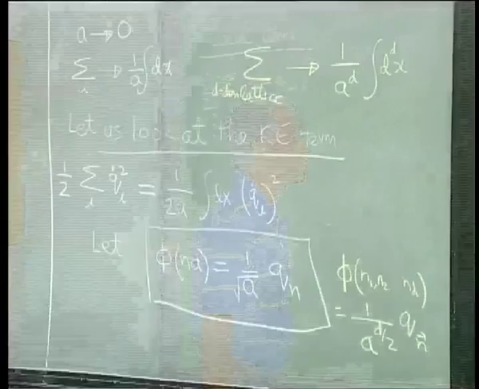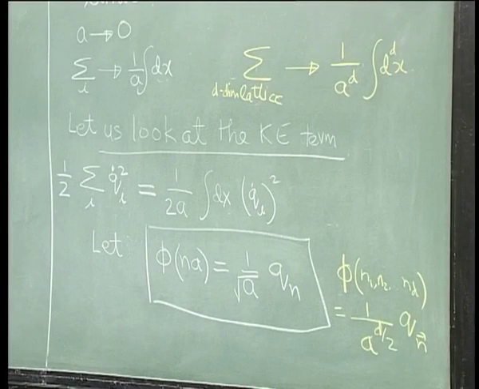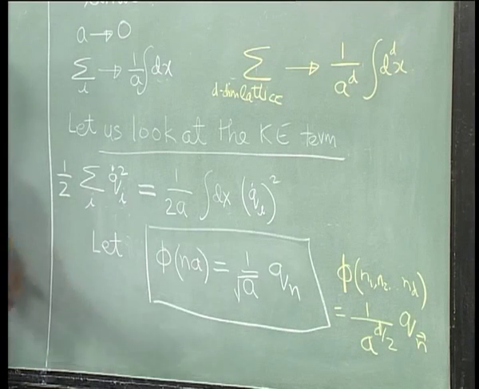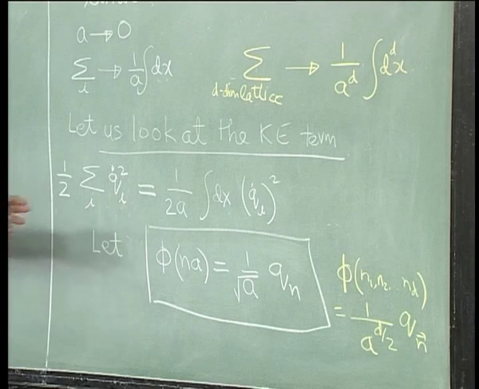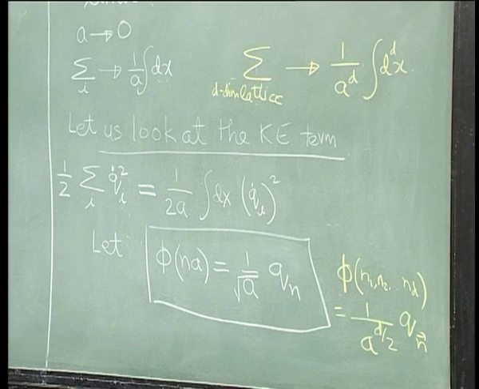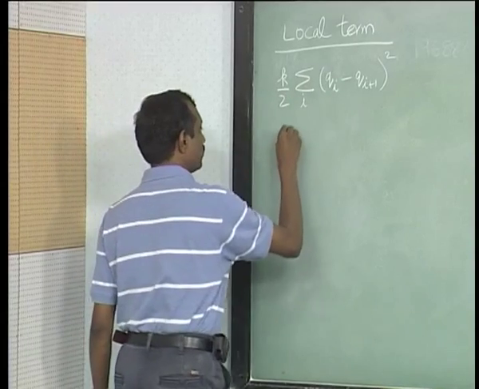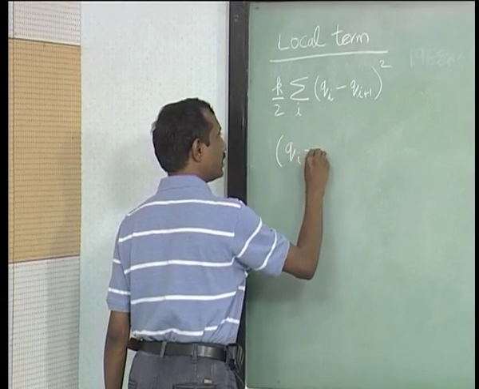Again I will do it for just one spatial dimension, and I think it is a simple exercise for you to work it out for the other dimensions. So, let us look at what happens to a term like this.